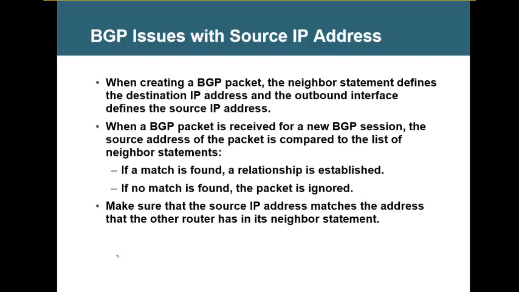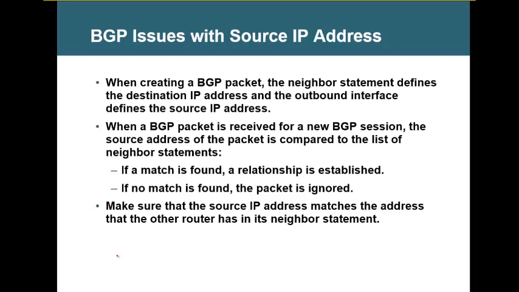When a BGP packet is received for a new BGP session. Now what we saw was the sender side, the R1 side. Now we are focusing on the R2 side. Router 2 is receiving the packet coming from router 1. This is the first BGP packet, meaning a new BGP session.